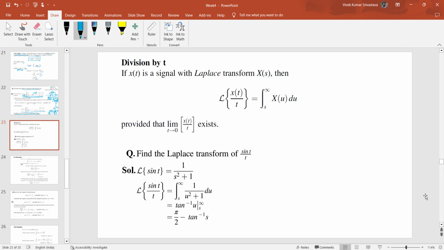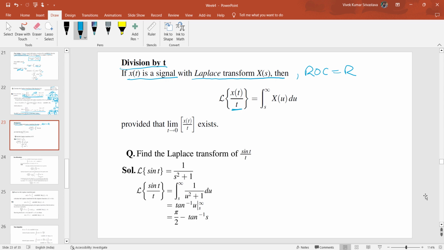Okay, so let us move ahead and see the next property. The next property is division by t. If signal x of t is given to us, and the region of convergence is, let us say, R, we have to define the Laplace transform x of s. Now for the signal x of t by t, we have to evaluate the Laplace transform.